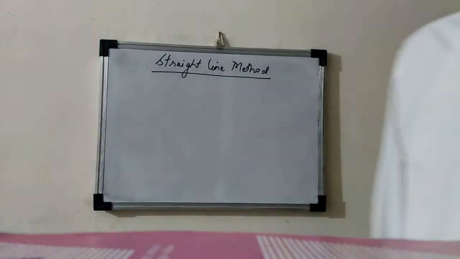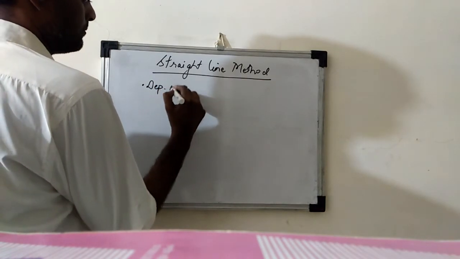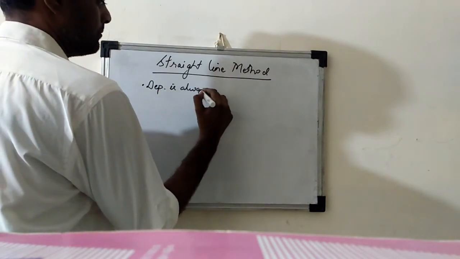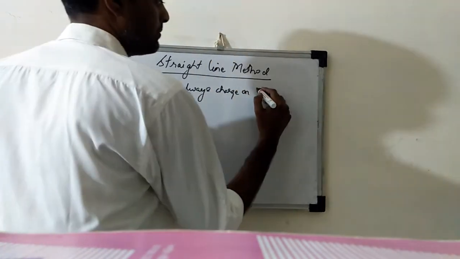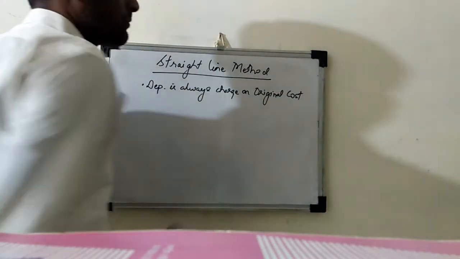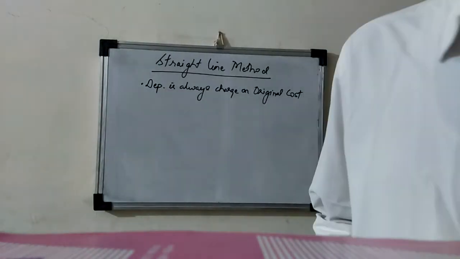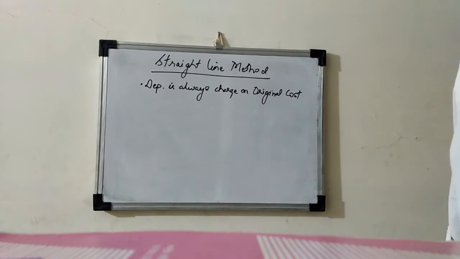The features of straight line method: the first feature of this method is depreciation is always charged on original cost of the asset.